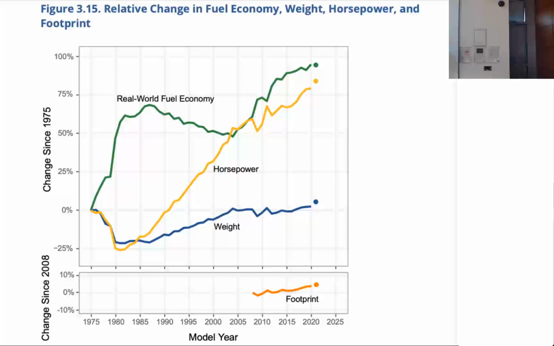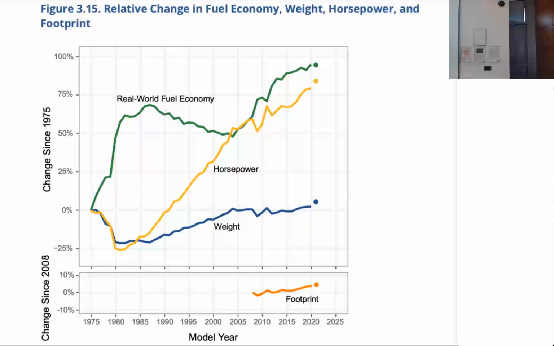And actually, if you compare these trends, then what you see is a remarkable feat of engineering, particularly here: ever more powerful engines and still cars that are getting heavier, and at the same time, fuel economy is improving, right?